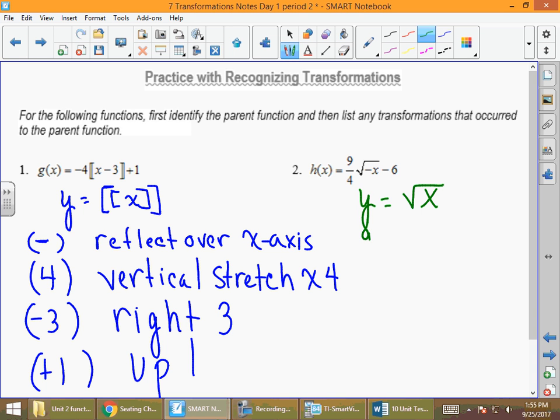So 9/4 here, outside the function, 9/4 is greater than 1. So this is going to be a vertical stretch by 9/4, or 2 1/4, or 2.25.